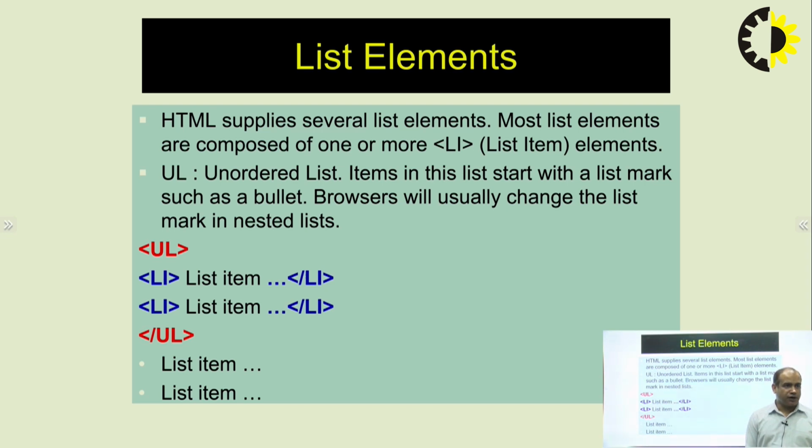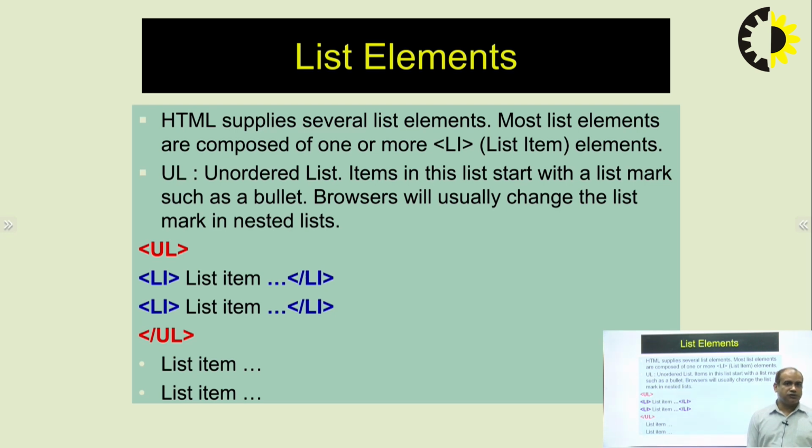For unordered list, unordered means no sequence is mentioned, still it is in linear order. A list item will start with a list mark, which will be either a bullet, a circle or a square. The browser will usually change the list mark in a nested list also.